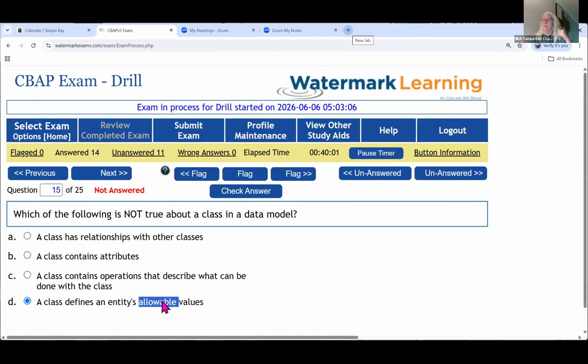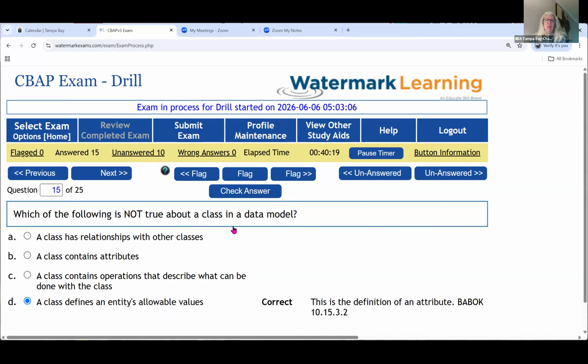Okay. And Amarachi, what is your opinion? Let's test this answer. And you are correct. This is a definition of an attribute, but it's not in a class diagram.